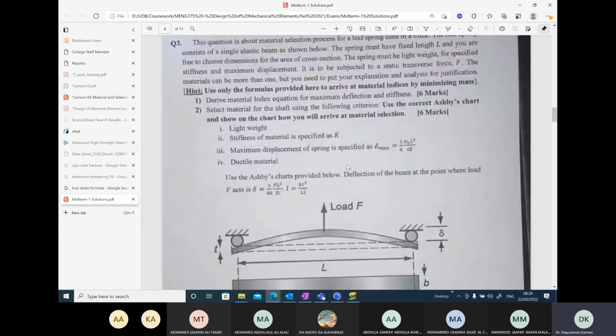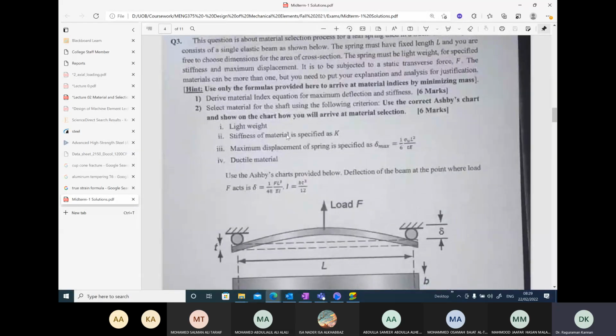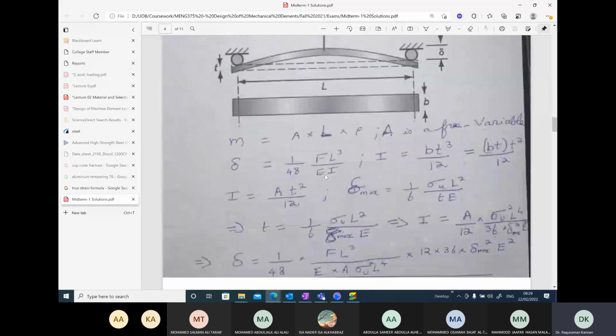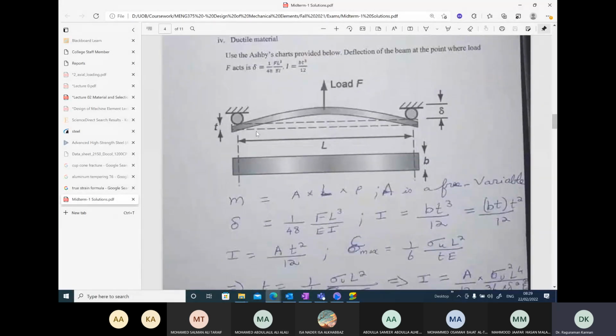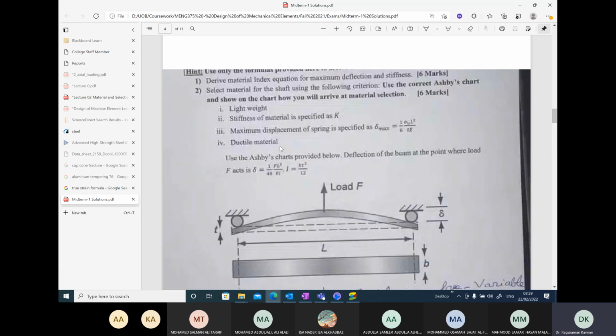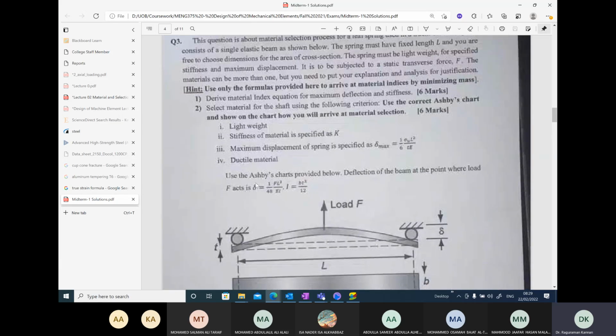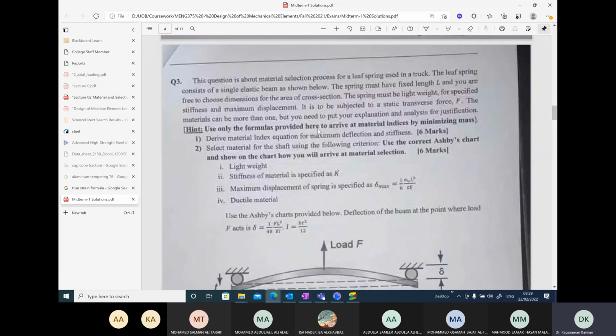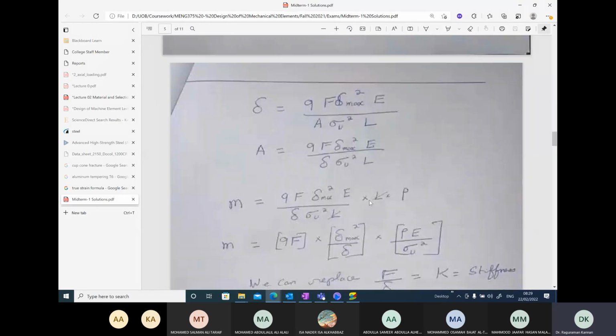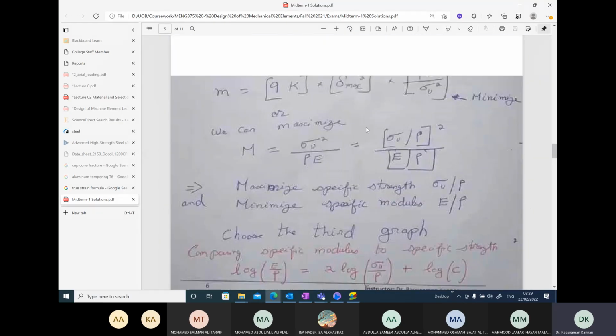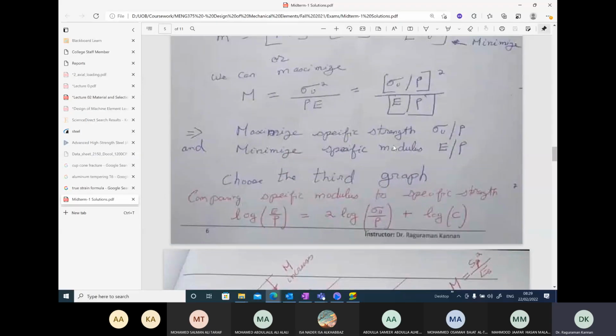But you can see here how to derive the material index for a slightly complicated case. You have a diaphragm spring, and for this diaphragm spring you are given some formulas already, and you are asked to derive the material index in this particular problem. The material index is derived here, and you can see the final form is in terms of the ultimate tensile strength over density square and E over rho square.